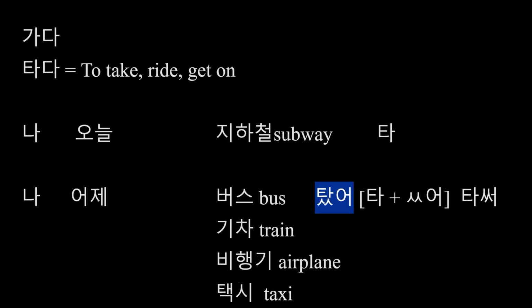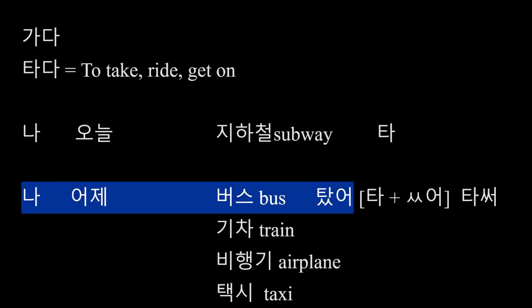We write like this, 탓어, but when you pronounce, it becomes 탔어. We never pronounce 탓어. And if you try to pronounce this way, it's actually pretty hard. So this is a natural and easy way to pronounce 탔어.